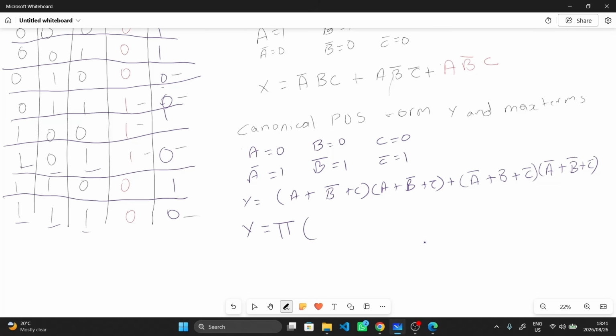Y equals pi, then we just write the number where Y is 0, which is at 2, 3, 5, and 7, right? So that is max terms, and that is your canonical POS form, right?